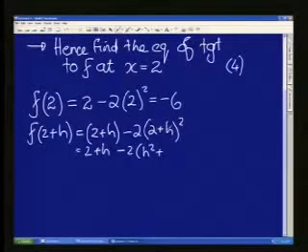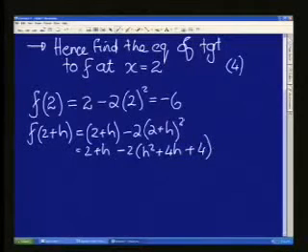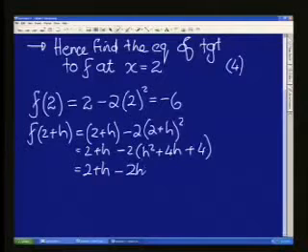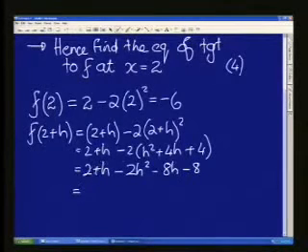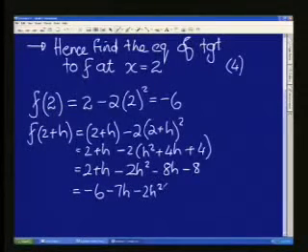Remember, if you're squaring a binomial, this multiplied by that multiplied by 2. Don't be silly and under exam stress say that this thing squared is h squared plus 4. Don't forget about the baby in the middle. Okay, we get 2 plus h minus 2h squared minus 8h minus 8. If I quickly add my like terms, minus 8 and this 2 gives me minus 6. There I have a minus 7h and minus 2h squared.